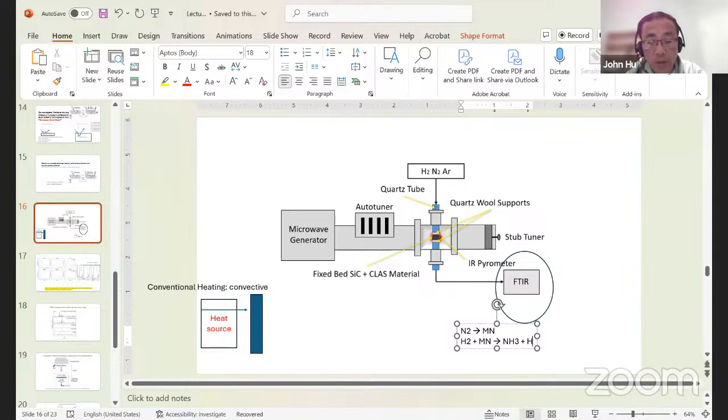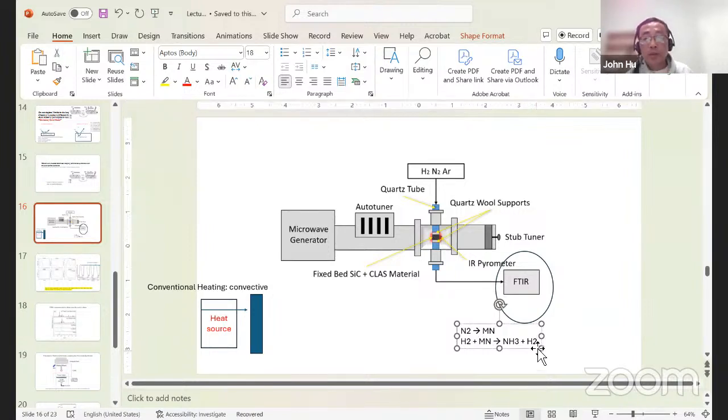There is some unreacted hydrogen, remember? So this FTIR analyzes ammonia and hydrogen together. That ppm concentration is how much ammonia is in the hydrogen, the total. The higher the concentration, the more ammonia comes out. That's what this analyzer tells you.